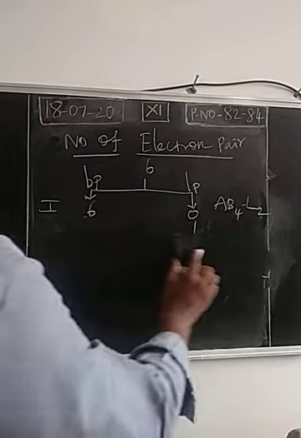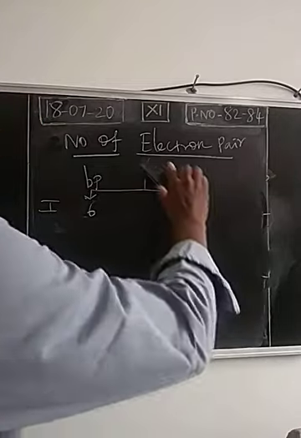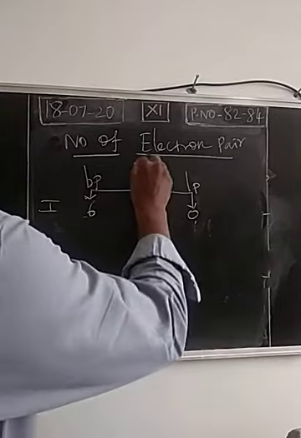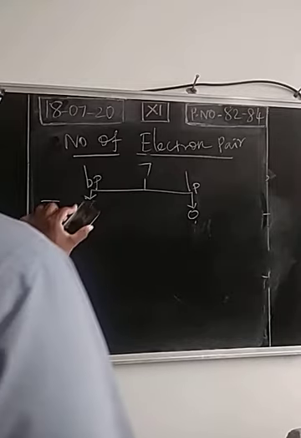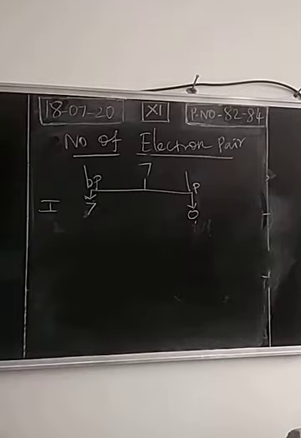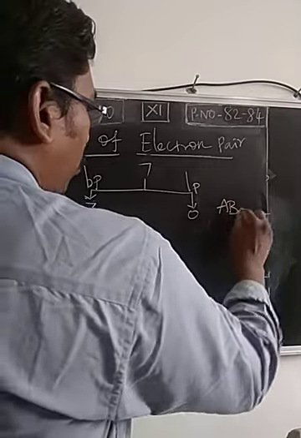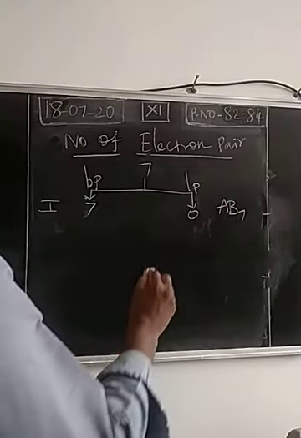Next, the central atom has 7 electron pairs. So if all these 7 electron pairs are present in the form of bonded pairs, the formula is written as AB7.